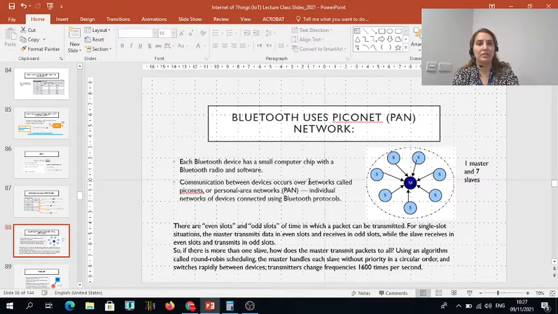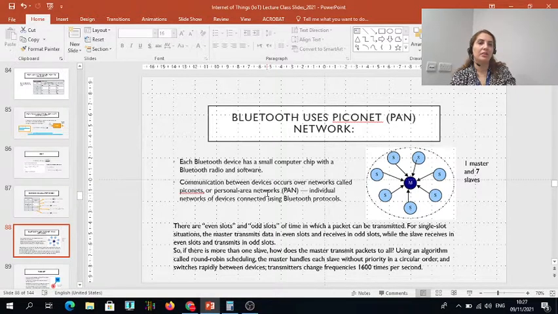Communication between devices occurs over networks called piconets or personal area networks. So remember when we were looking at different layers, wide area networks, even cloud, and even macro range networks. Personal area network was one of them. Individual networks of devices connected using Bluetooth protocols.